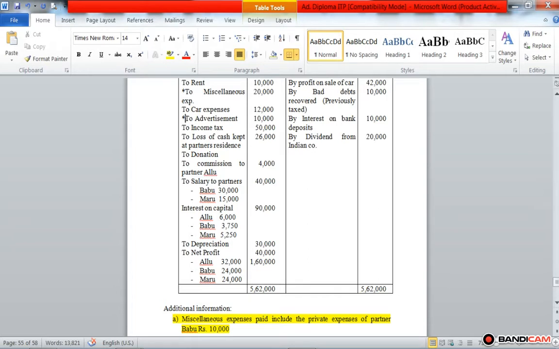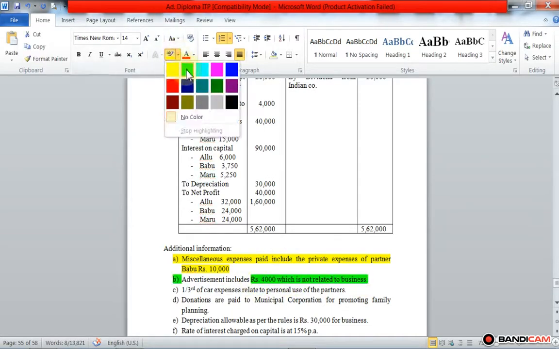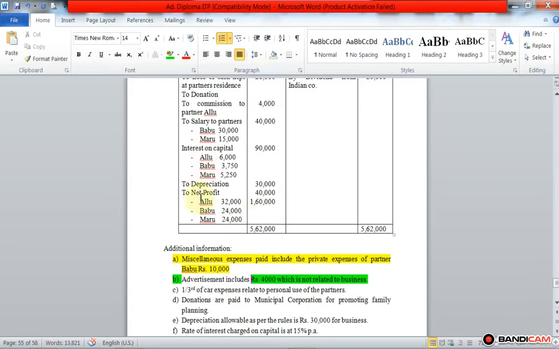Expenses which are not related to business are disallowed. So this 4,000 is a disallowed expense of the business, so we make a star in front of advertisement.